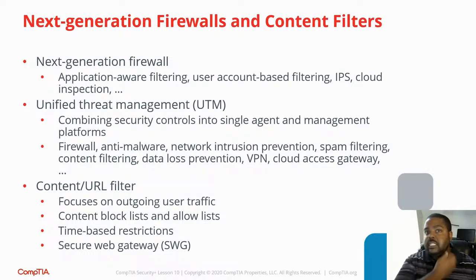Now, other appliances that we need to be aware of are next gen firewalls, as well as content filters. When we're talking about next gen firewalls, I want you to think about the way your application talks to the internet. To give an example with Microsoft Word, you pull up Word and you type whatever document you want to make, or read whatever someone sent to you.